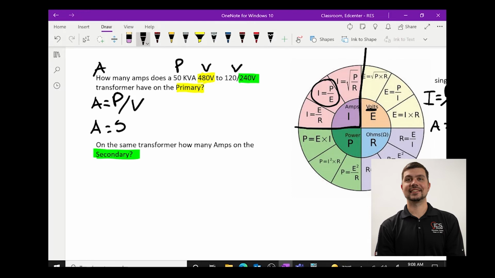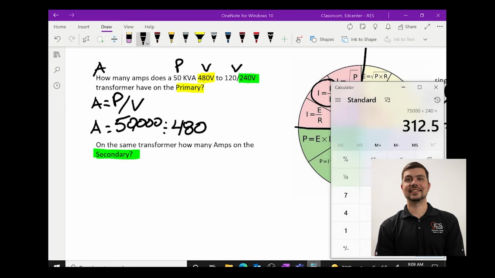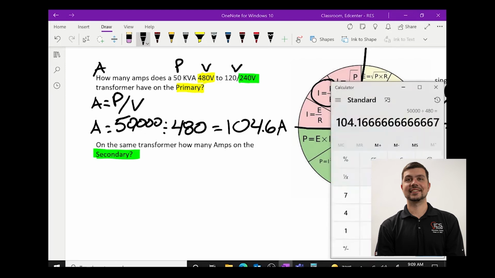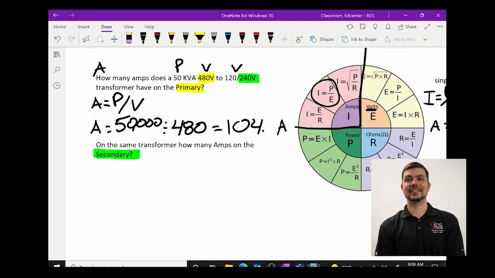Amps equals 50,000 divided by 480. So that is going to be 104.16.